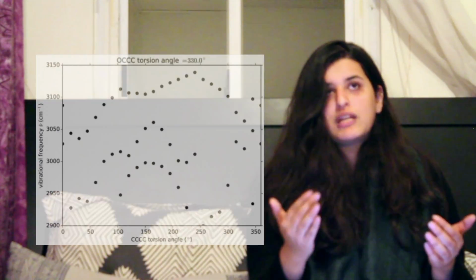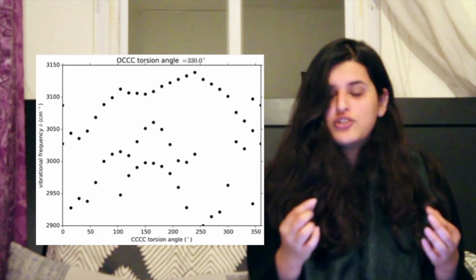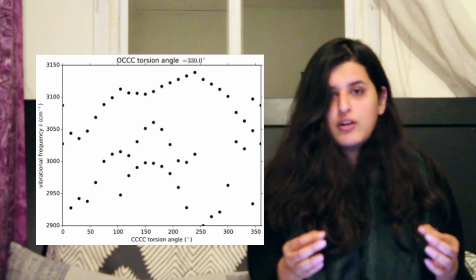So what we did next was that since these calculations were done in a vacuum, we did deuterated in vacuum calculations, meaning we deuterated the hydrogens on the gamma carbon.